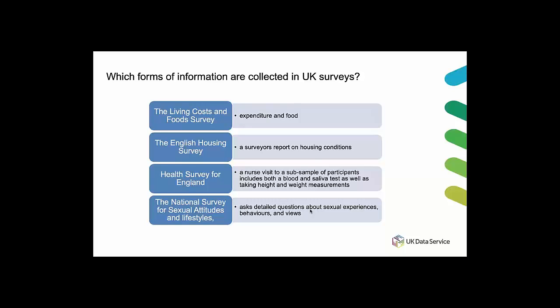And for the Health Survey for England, in a nurse visit, a smaller sample of participants provide both a blood and saliva test, as well as taking height and weight measurements. And the National Survey of Sexual Attitudes and Lifestyles asks detailed questions about sexual behaviours, experiences, and views.